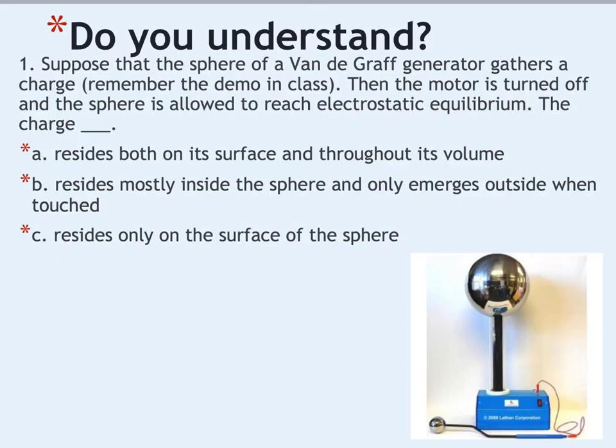What would we say about the charge? A, the charge resides both on the surface and throughout its volume. B, it is mostly inside the sphere and only emerges or comes outside when touched. Or C, it resides or exists only on the surface of the sphere. Go ahead and take a minute to think about that.